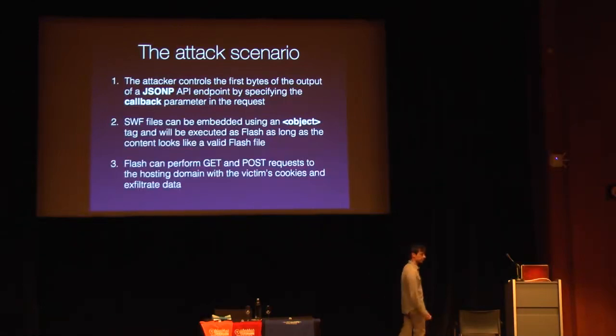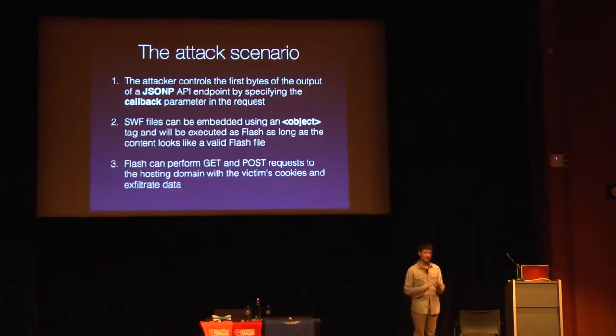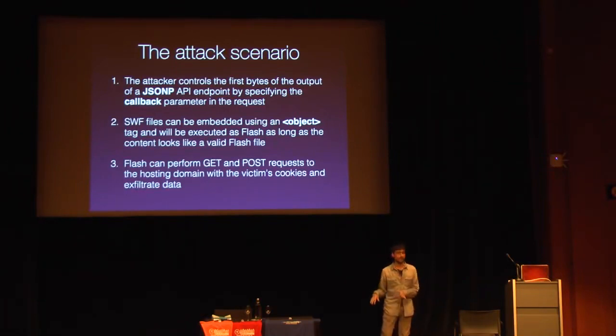What we want to achieve is to have this without the user being allowed to upload Flash files on that domain. So we're using a JSONP endpoint to reflect a Flash file, because the Flash parser is very liberal and discards everything that comes after a valid Flash file. So we just need to control the beginning of a response, and that's exactly what JSONP is.